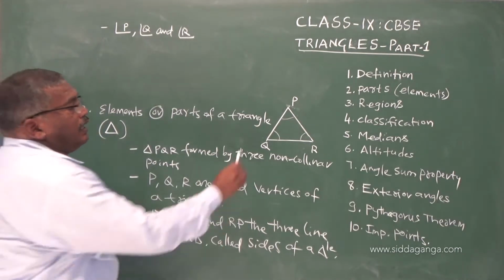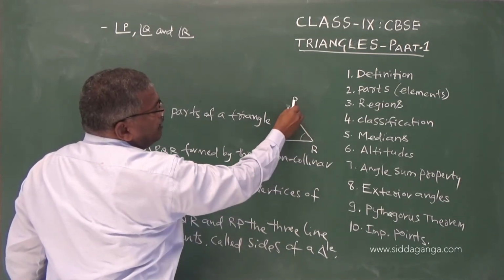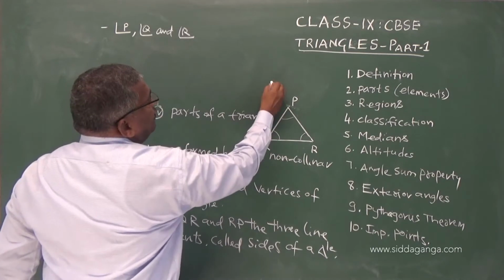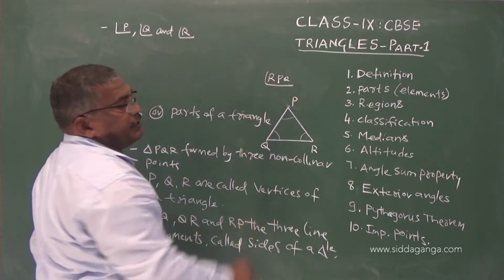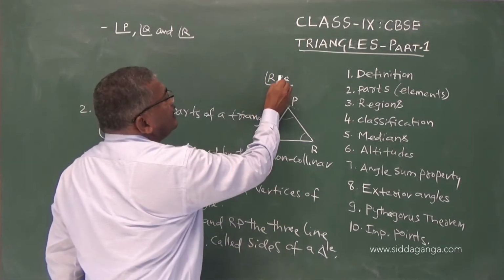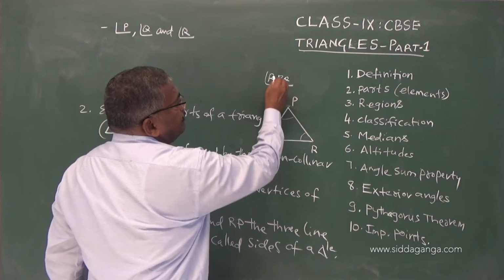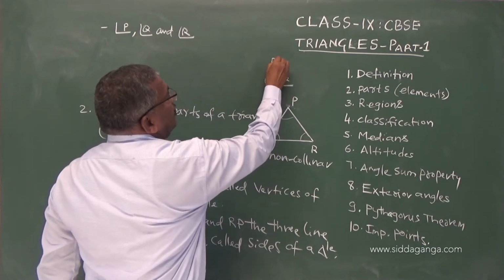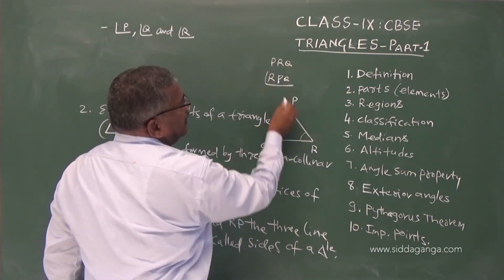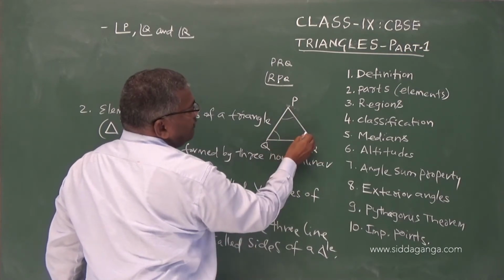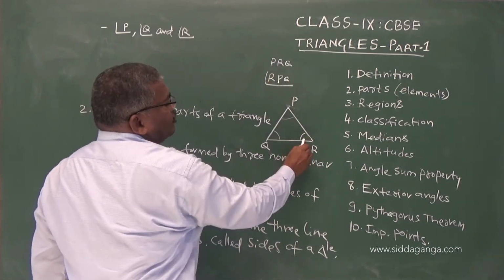Remember, angle P is denoted like this, or it can be written as angle RPQ. If we write angle RPQ, the middle letter indicates the vertex, therefore it indicates angle P. The middle letter in these three represents the corresponding angle.